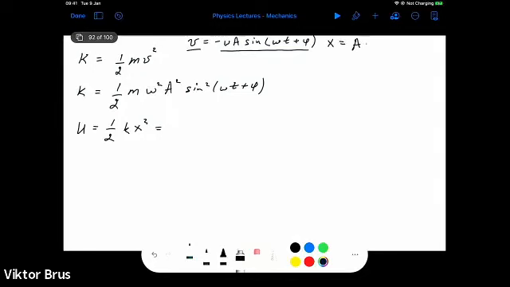It's a times cosine omega t plus phi. It's actually a solution of our differential equation, assuming the given boundary conditions. So based on this, we can also write that it will be 1 over 2 k a square cosine square omega t plus phi.